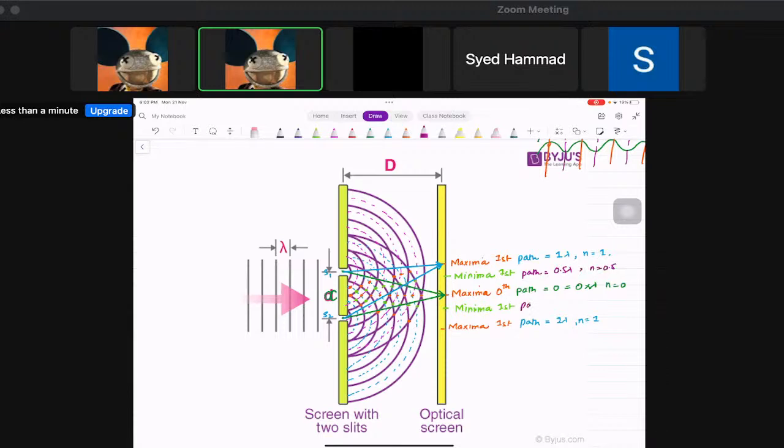Also on the other side it would be the same, because n is 0.5. If there is another maxima after some time, why do we call it the second order? Because now its path difference is going to be 2 lambda, which means here n will be 2.